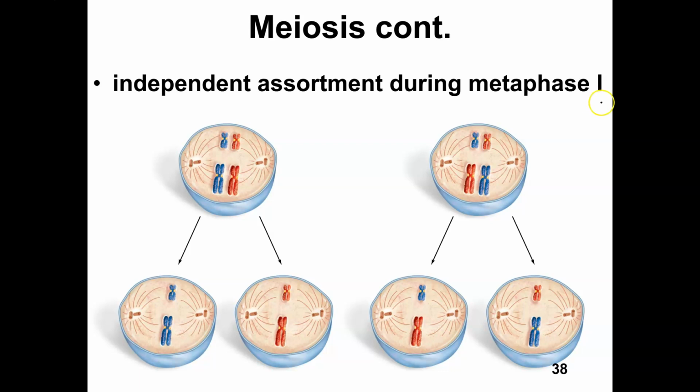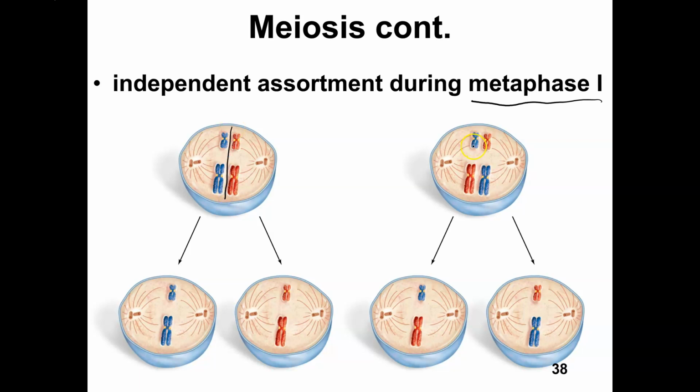This occurs at the metaphase plate in metaphase 1, okay? And you might get, in this case, the small blue and the small red lining up, blue on the left, red on the right. And then the big blue and the big red also line up, blue on the left, red on the right. That could occur.